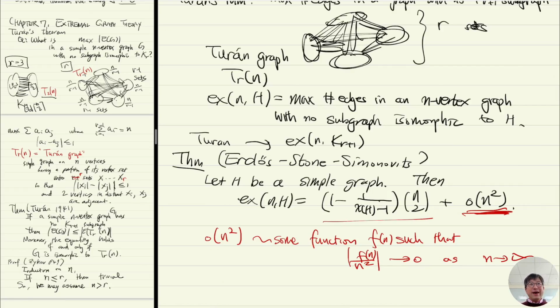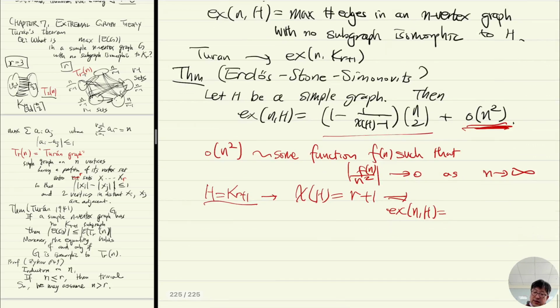So if you plug in H to be the complete graph K_{r+1}, then the chromatic number of H is r+1, so ex(n, H) is going to be (1 - 1/r) times n choose 2 plus some error term. If you look at this, this is exactly the proportion of edges that are present.